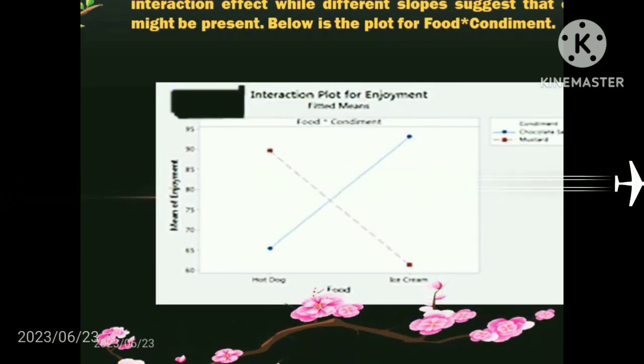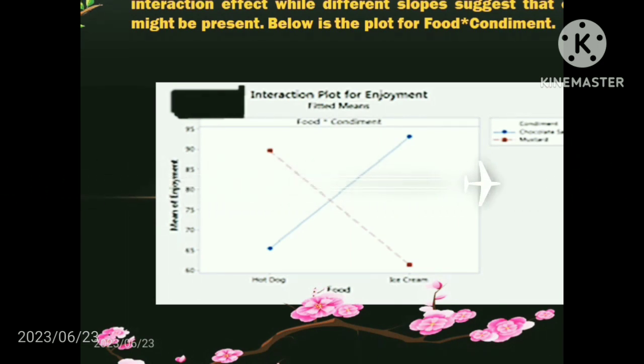So this is our sample graph for the interaction plot for enjoyment, that is our fitted means. Our x-axis here are hot dog and ice cream, which represent our food, and then our y-axis represents the mean of enjoyment, and then the line and the color represent our condiment.